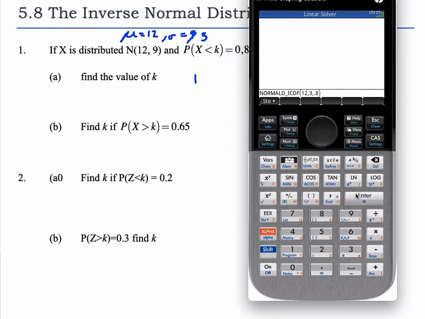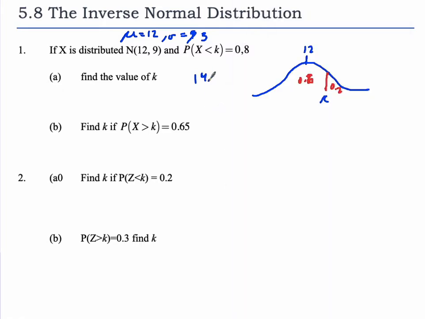And then this spits out the k value, which is 14.5. Okay, that makes sense. It should be a bit more than 12. So k equals 14.5.